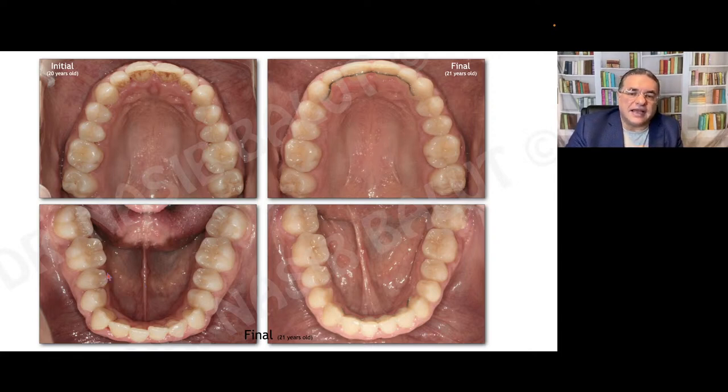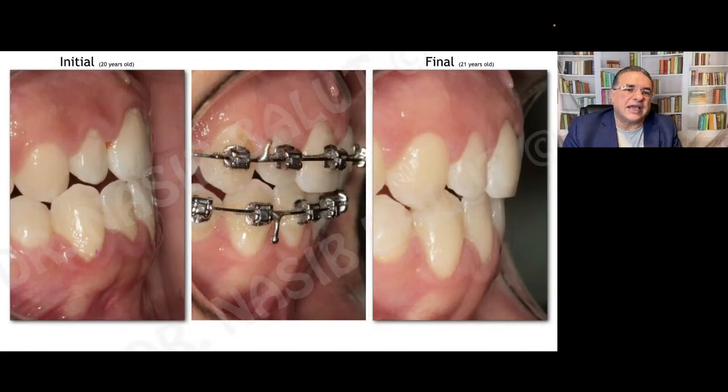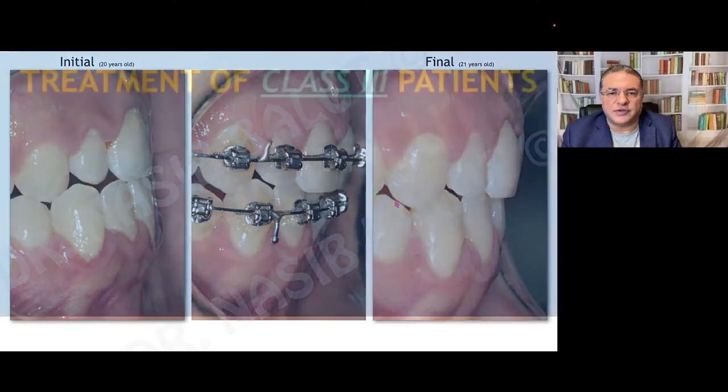We leveled, aligned and distalized the lower left quadrant to camouflage the skeletal asymmetry that she has in her mandible. We can see the improvement in the overbite and overjet at the end of the treatment.